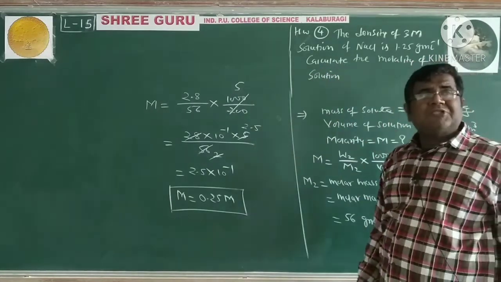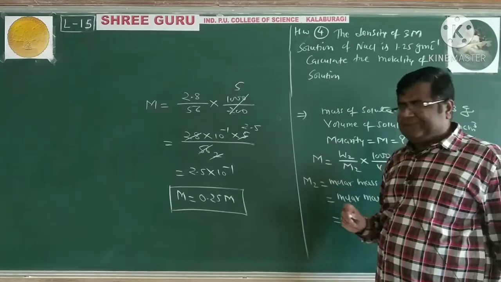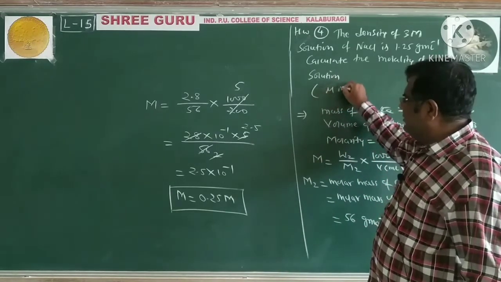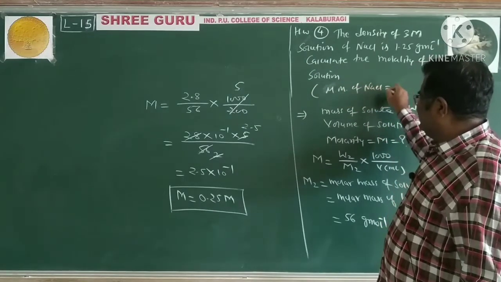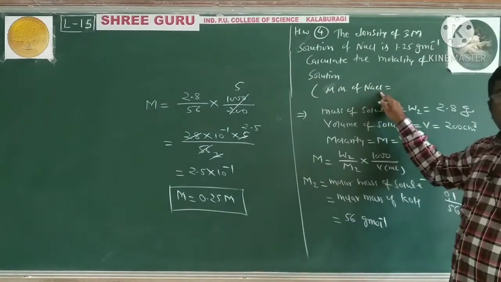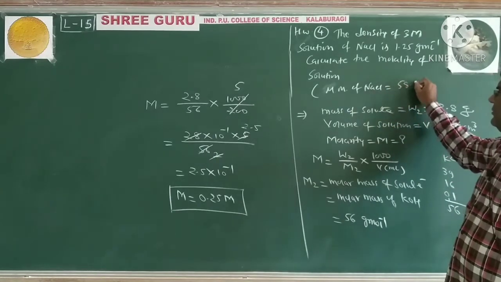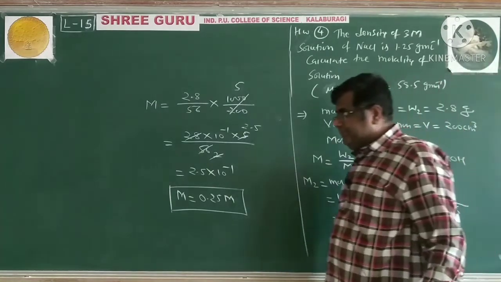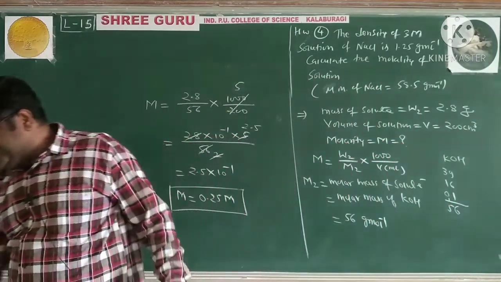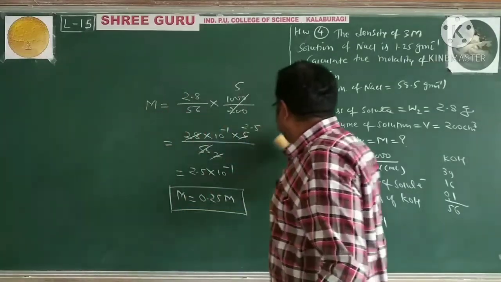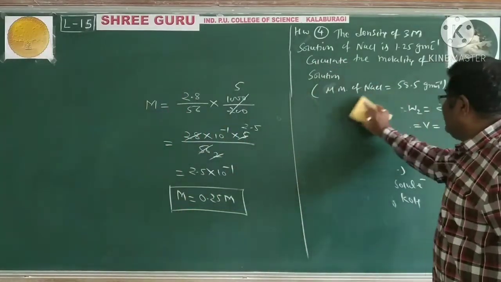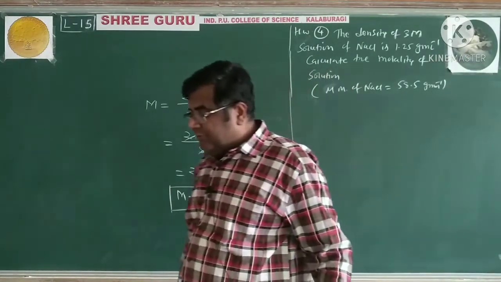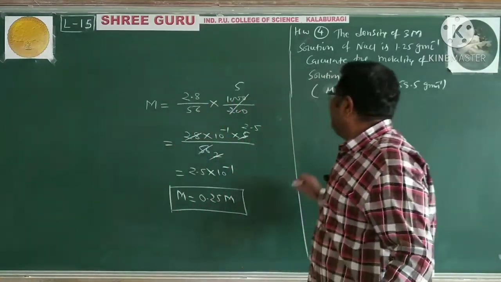We have a formula which relates molarity and molality. We can write molar mass of NaCl 23 plus 35.5, 58.5 gram per mole. So this is one question as a homework in relation between molality and molarity. It's quite clear. We have written one formula to relate that, use that formula.